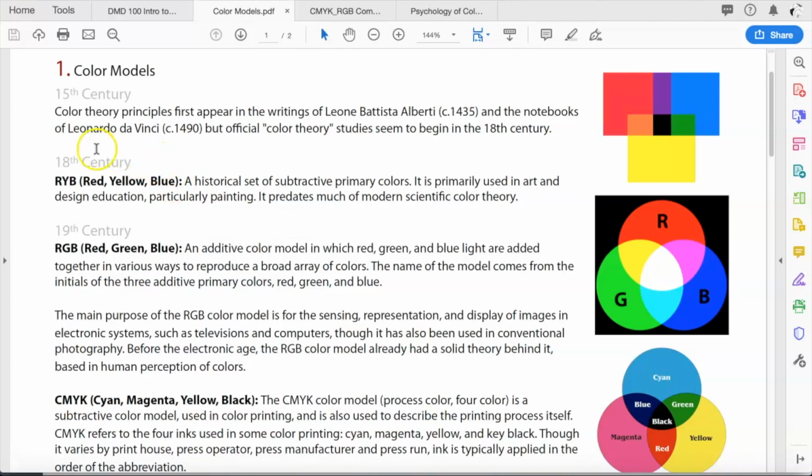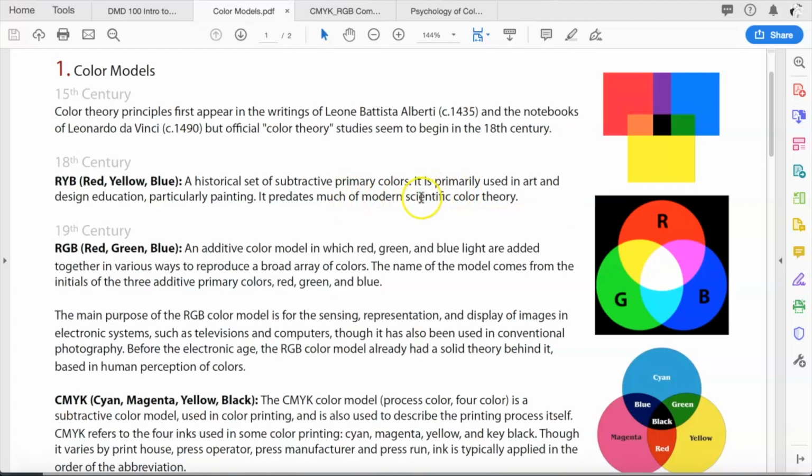And it's documented as far back as the 15th century. So in the 1400s, people like Leon Battista Alberti and Leonardo da Vinci were writing about color theory in their notebooks. But it really took until the 18th century, quite a bit later, before the first working color model, the red, yellow, blue model, came into use and was documented.